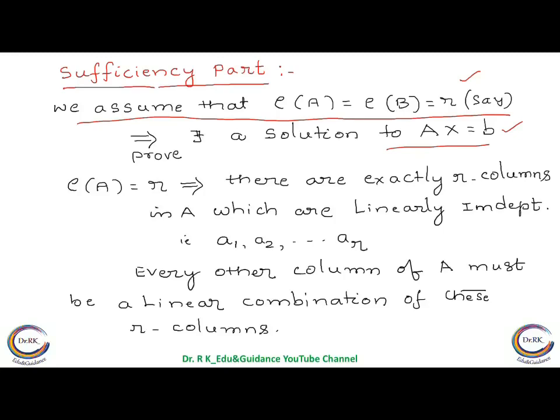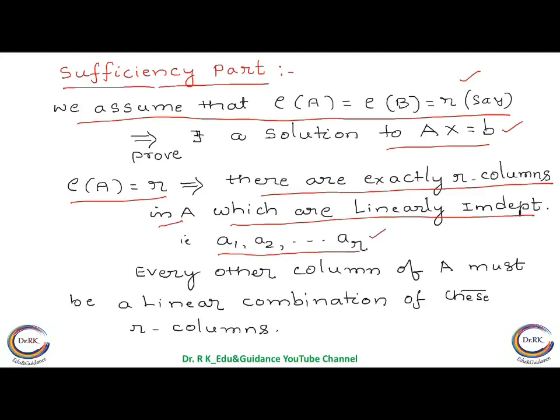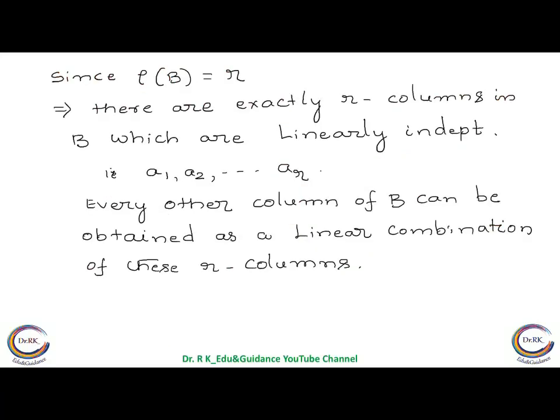Now if rank of A equals R, then there are exactly R columns in A which are linearly independent. That is what we understand from the definitions. Let them be A1, A2, so on, AR. Every other column of A must be a linear combination of these R columns. That is what we discussed when we discussed the rank of a matrix, and linearly independent and dependent vectors.